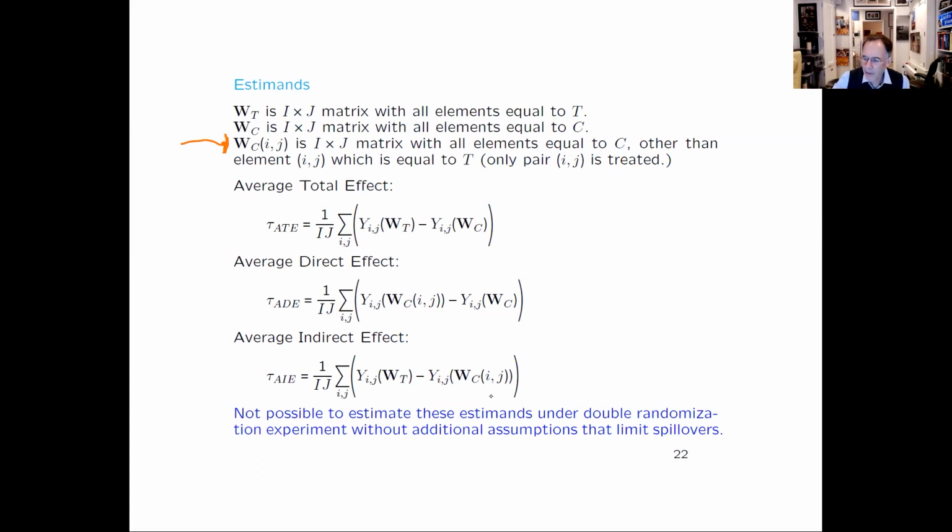And so given that we can look at the overall average effect, which is the average outcome if everybody is treated versus the average outcome if nobody is treated. Then we can also look at the average direct effect, which is the average outcome if only pair ij is treated, minus the average outcome if nobody is treated. So that gives you the direct effect of pair ij being treated on the outcome for that pair.